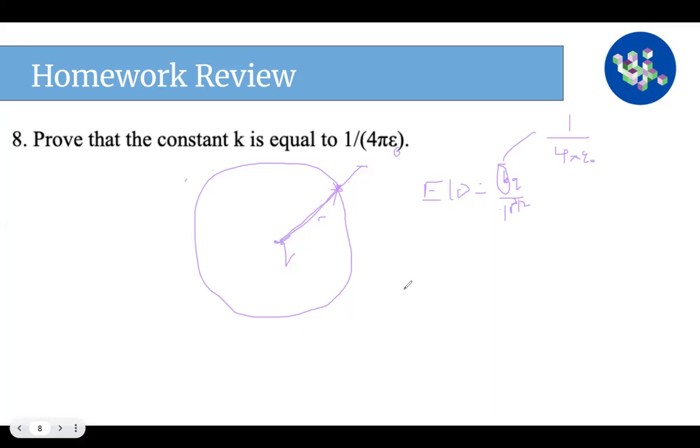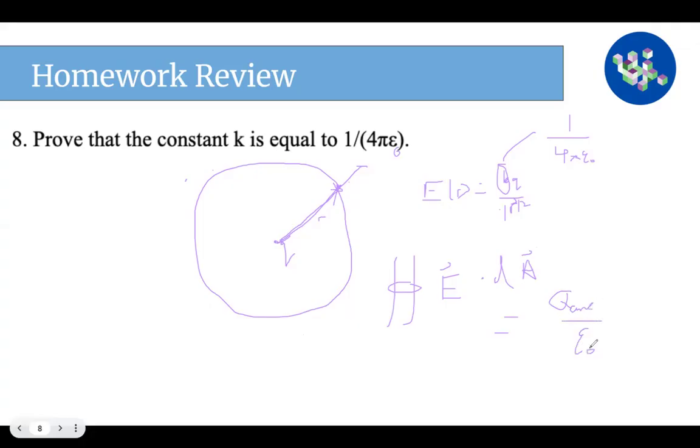And then you have your formula for Gauss's law: the integral over a surface of the electric field, dot the infinitesimal area patch, should equal your enclosed charge, Q enclosed divided by epsilon 0.